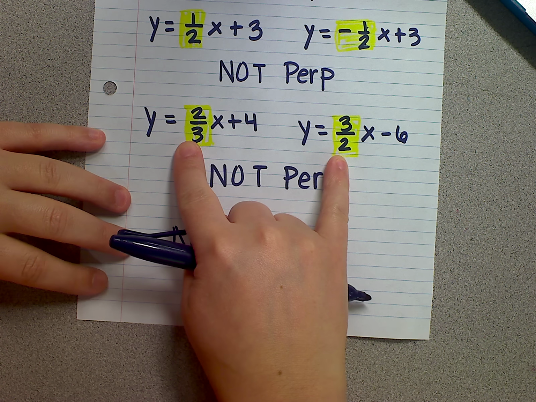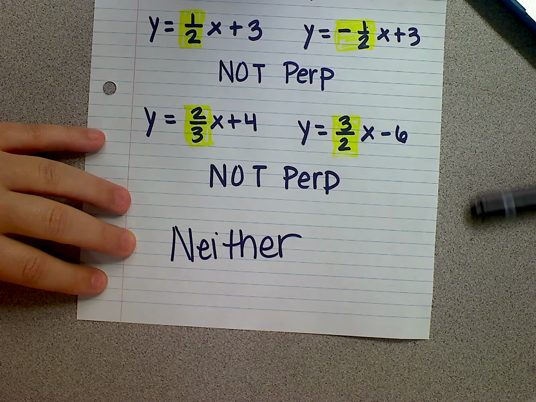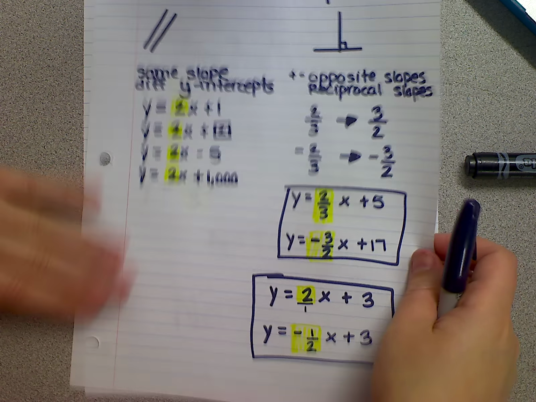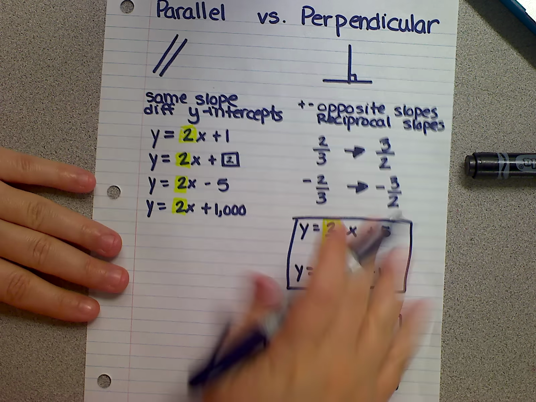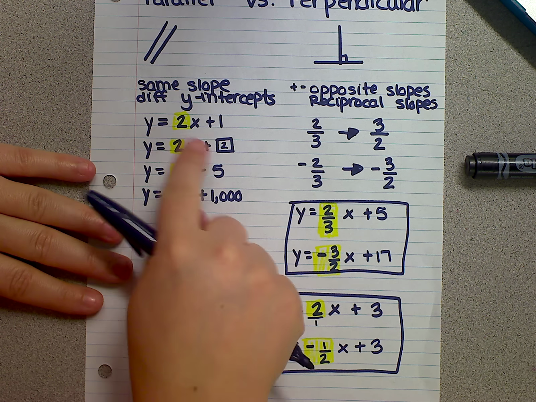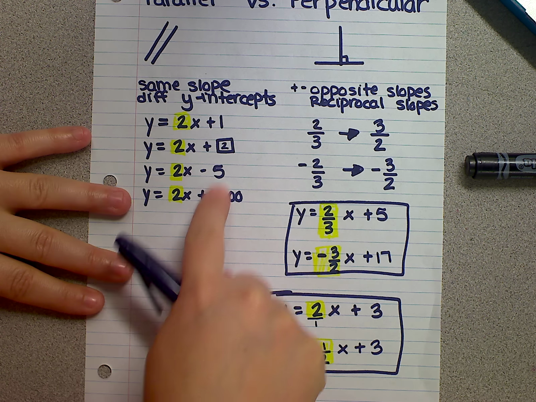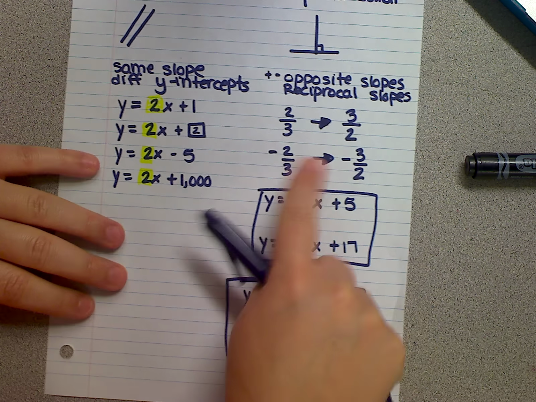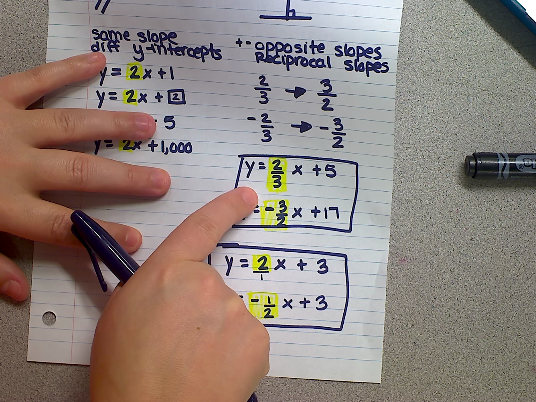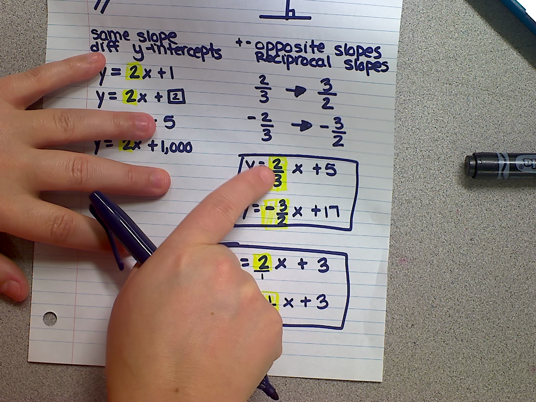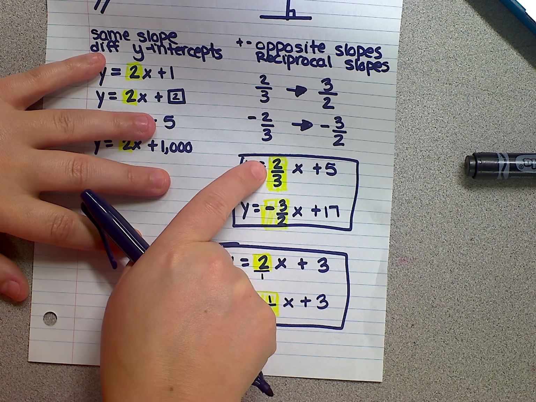They just have reciprocal. So, one more time, in order for lines to be parallel, they have to have the same slope and different y-intercepts. In order for them to be perpendicular, they have to have opposite slopes, one positive, one negative, and the number needs to be flipped, or what we call reciprocal.